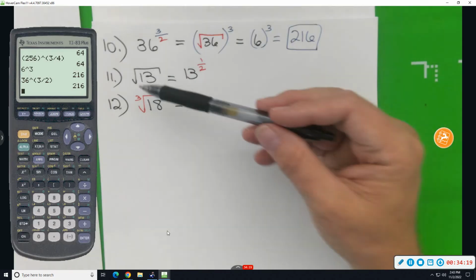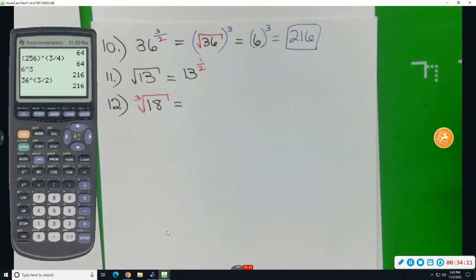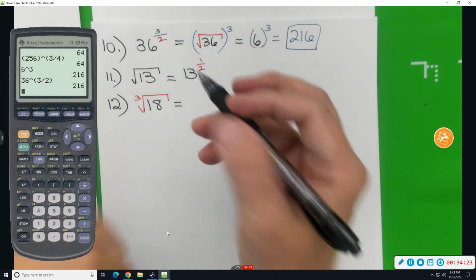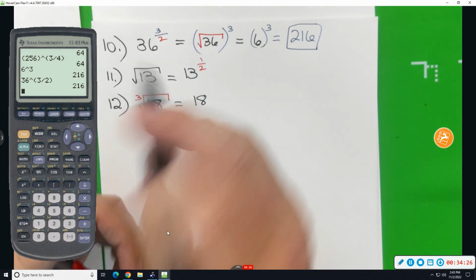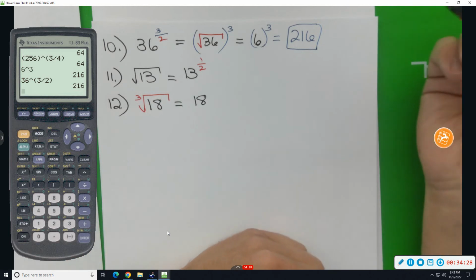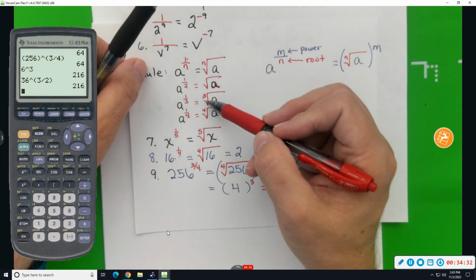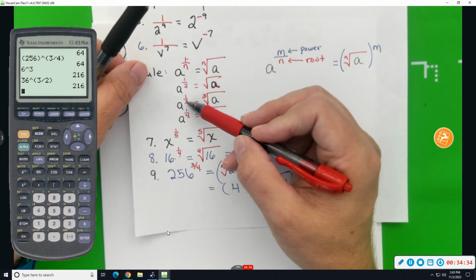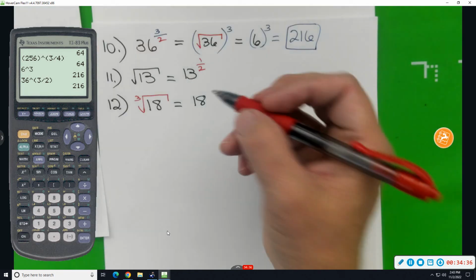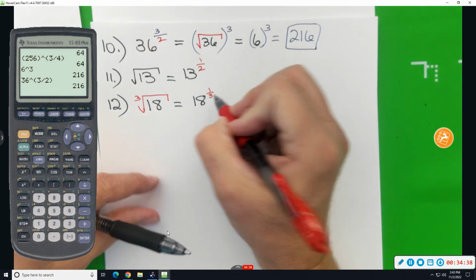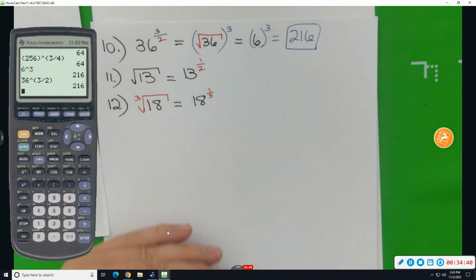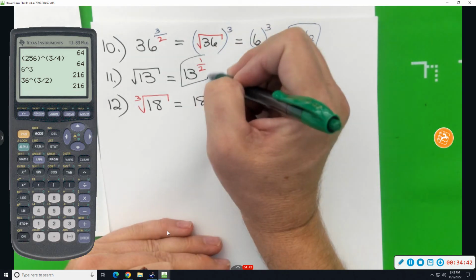We know that if it's just a square root, the exponent is 1/2. If it's a cube root, the exponent is... Okay, I agree. A cube root is the same thing as the exponent 1/3. So 18 to the 1/3. I'm forgetting to box my answers in.